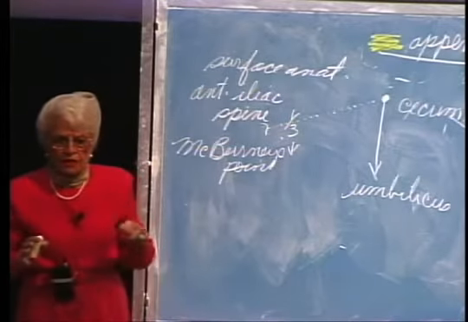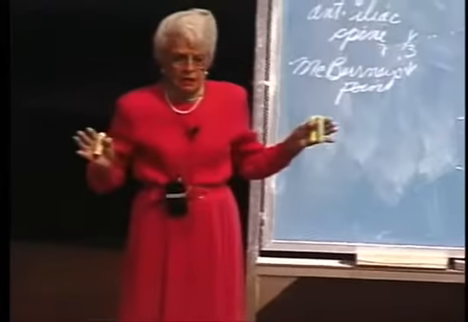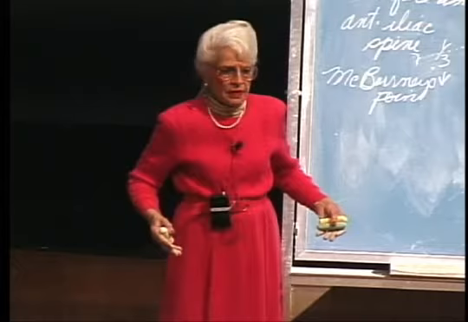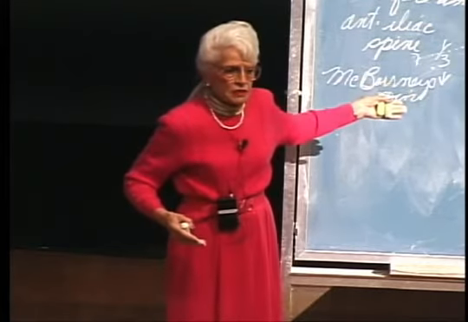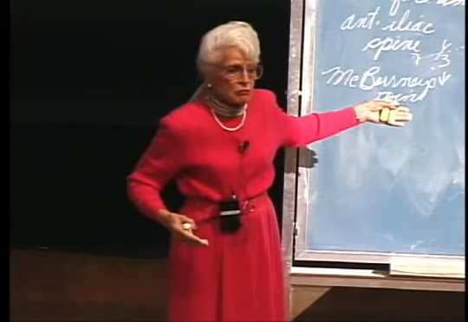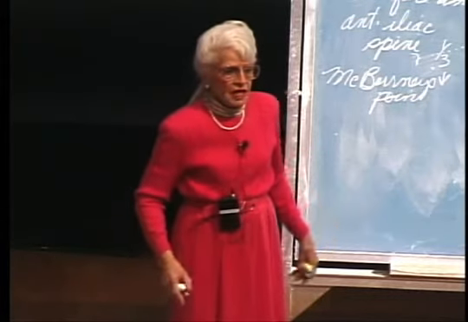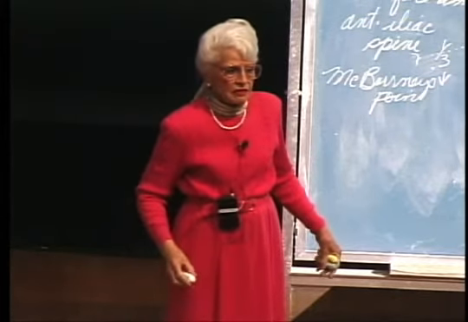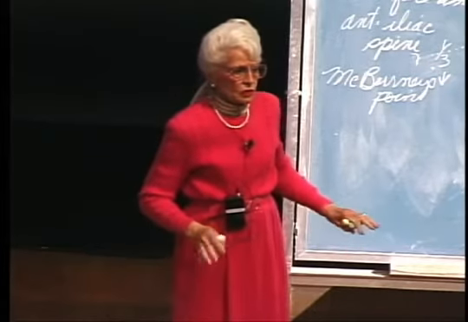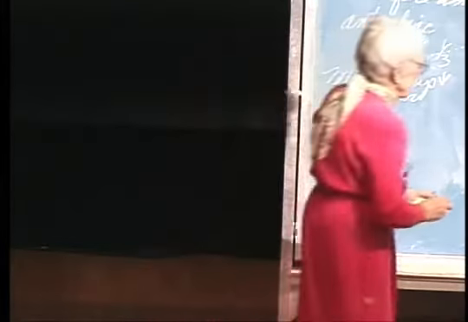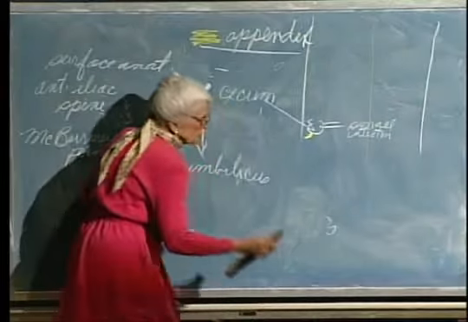I'm going to backtrack just a little minute to cover, I didn't know where to put it in, but we've got to discuss the peritoneum. And then I'll come back to the appendix because we'll say what happens if the appendix bursts and puts all the contents from the cecum out into your peritoneal cavity. So let's go to the word peritoneum for a moment and then come back to our GI tract.